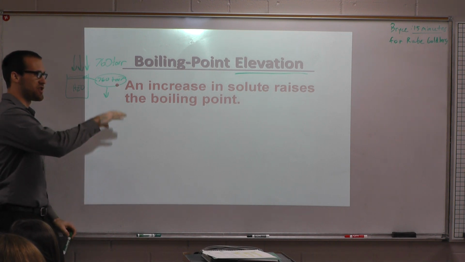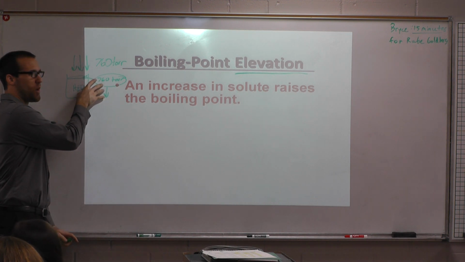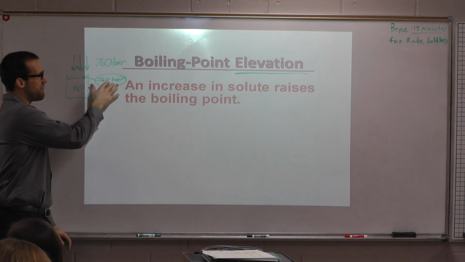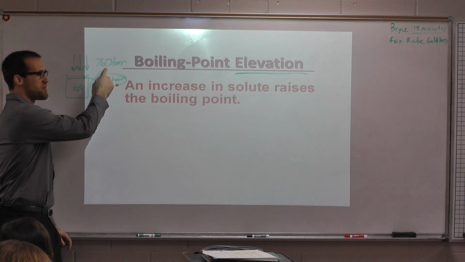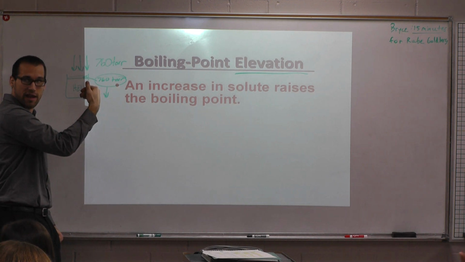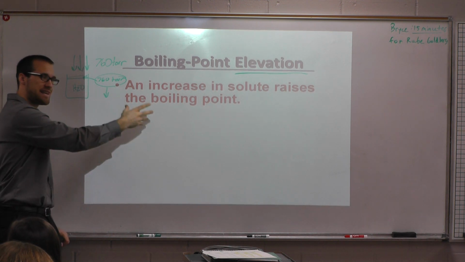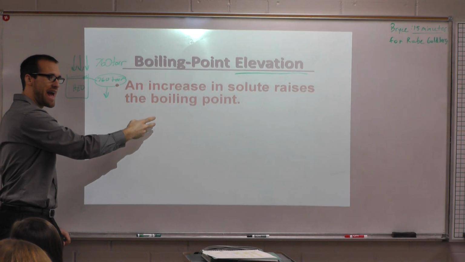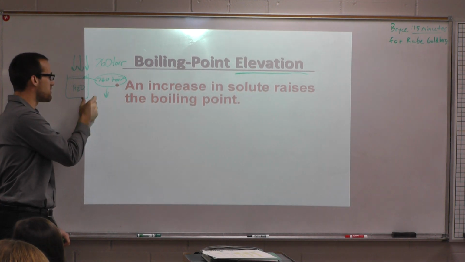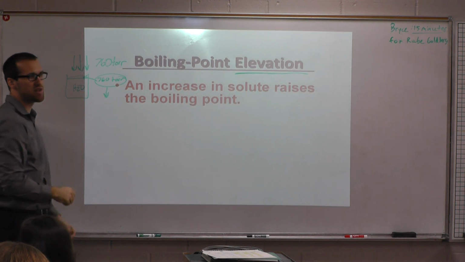First off, you should remember, boiling occurs when the vapor pressure is equal to the atmospheric pressure holding it in. Remember that from last chapter, everyone? Okay? We just stated a second ago that when I add a non-volatile solute and create a solution, what does that do to the vapor pressure?